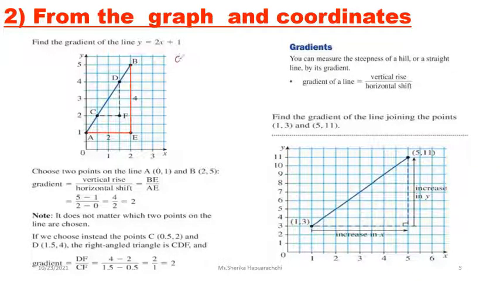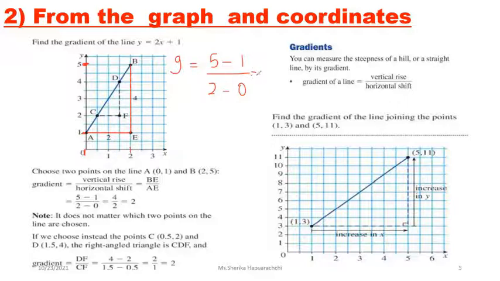Right, I'm going to find the gradient. So I'm going to see the gap. Now in my big triangle, the starting point is here, it's 5, and the other is 1. Here the starting points are 0 and 2. So I'm going to apply the difference between the y coordinates, 5 minus 1, divided by 2 minus 0.